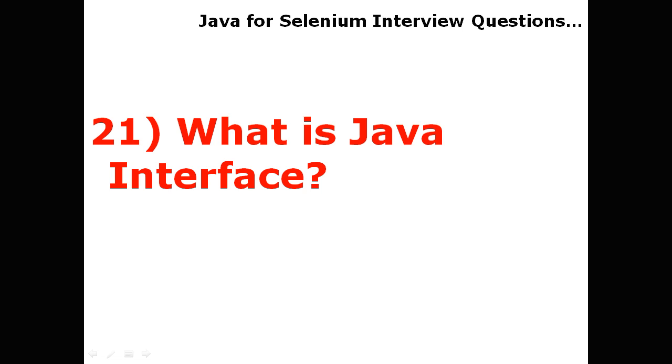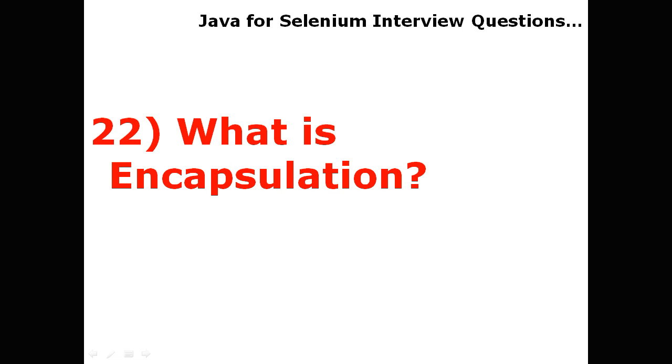Okay. Next, what is encapsulation? It is a process of wrapping code and data into a single unit. Encapsulation is the technique making the fields in a class private and providing access via public methods. It provides us control over the data.